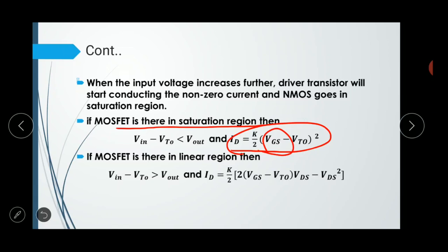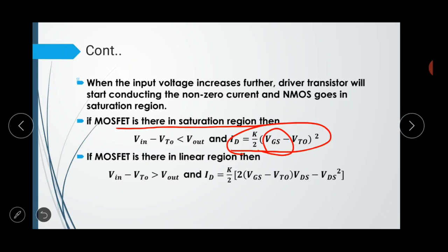With increasing input voltage, the drain current of the driver also increases and the output voltage starts to drop. For input voltages larger than Vout plus Vt0, or when Vout is less than Vin minus Vt0, the driver transistor enters the linear operation region.